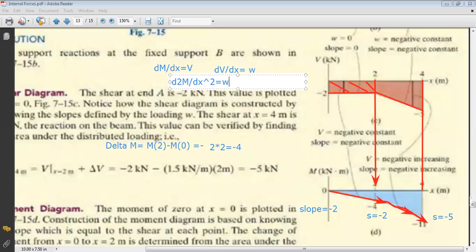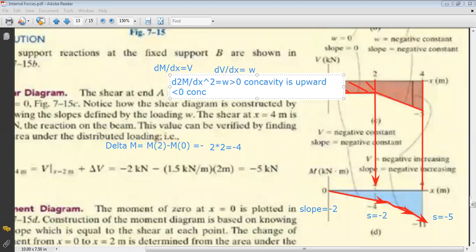You know that if the second derivative is positive, concavity is upward. And if it is negative, then your concavity is downward. And in this problem, W was negative. This is why you can predict that the concavity will be downward.